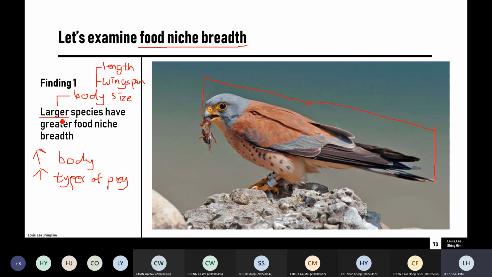As large species tend to catch larger animals, it is easier to identify the species of larger prey than smaller prey. Imagine if you see a kestrel in the wild, the body size of this kestrel is already small, and then the prey it catches is even smaller.